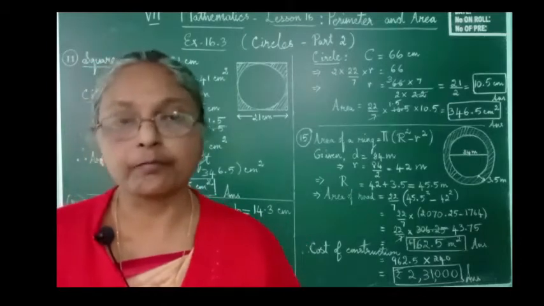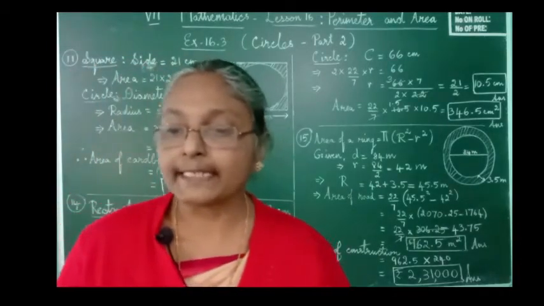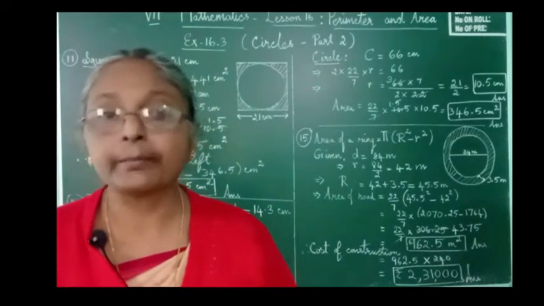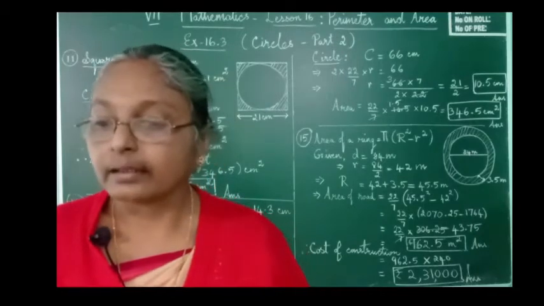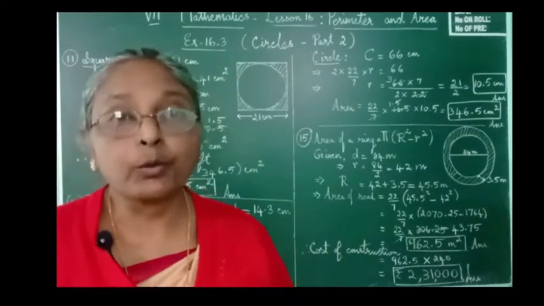Let me read the sum for you first. From a square cardboard of side 21 centimeter, a circle of maximum area is cut out. Find the area of the cardboard left.